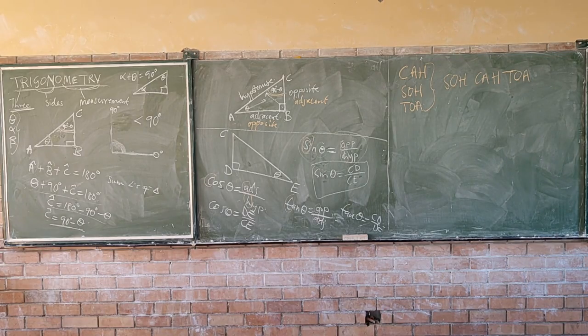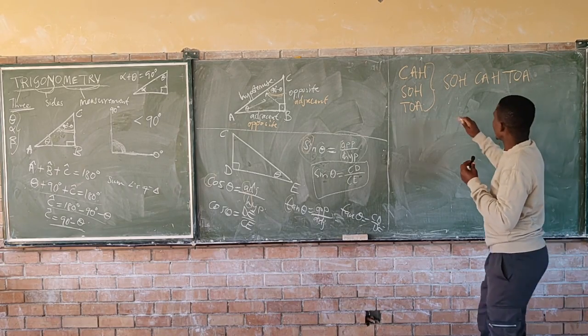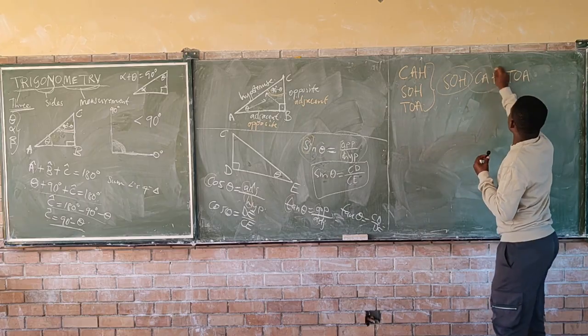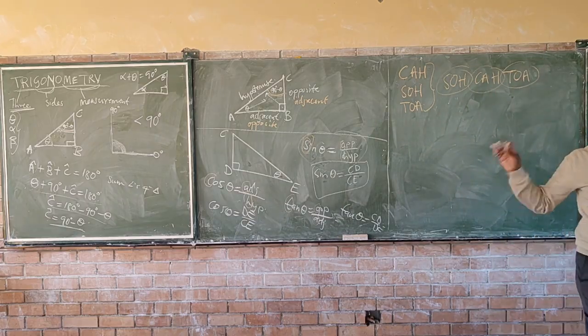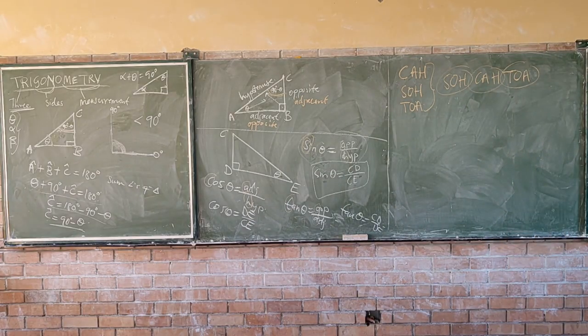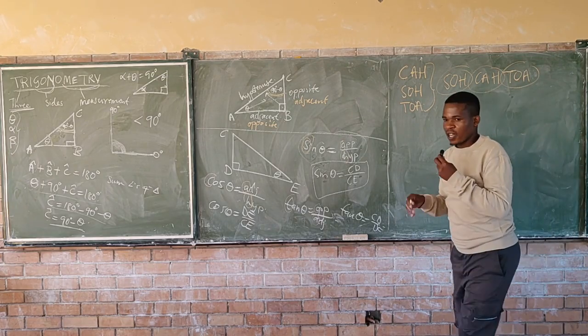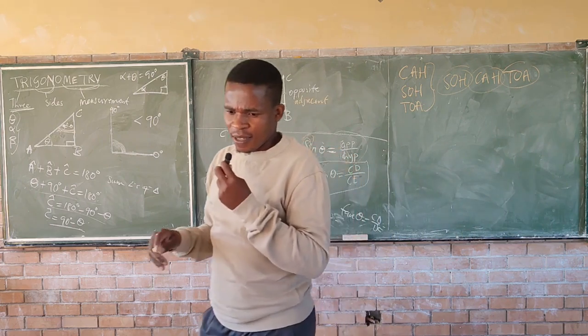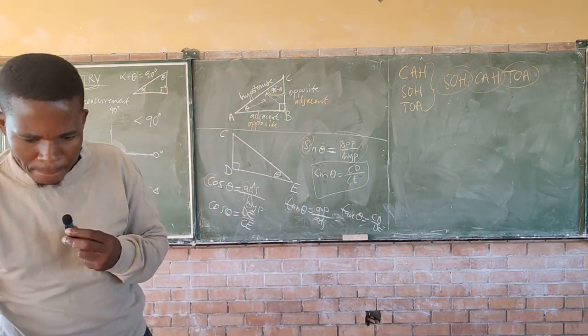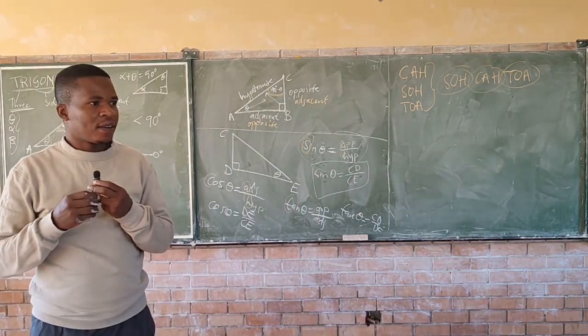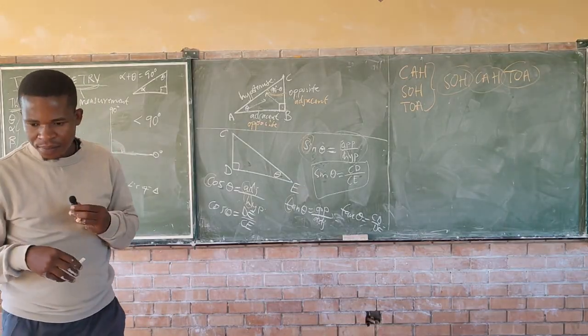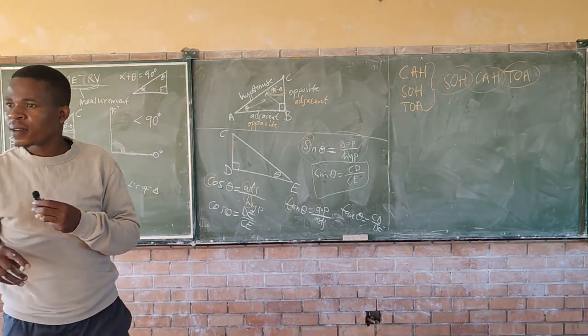You're not a fool, you are making sure. All right, so every time you see a right angled triangle, you remember that definition again. There is no such definition without a right angled triangle. Right, any questions?